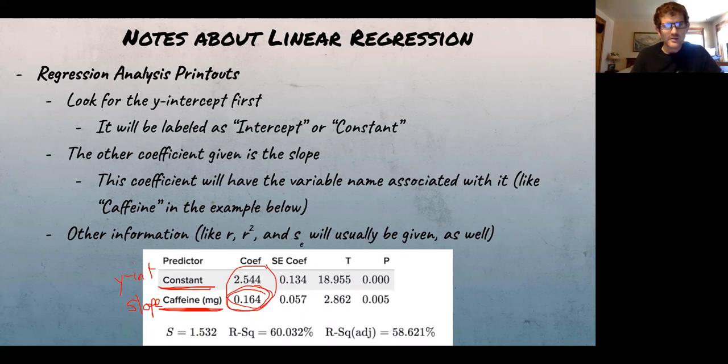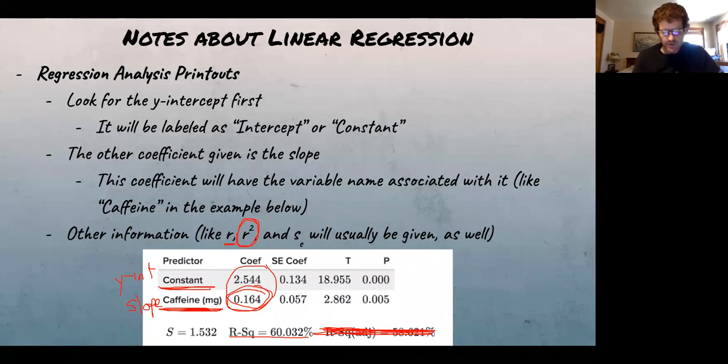Now, the other stuff in these printouts that can be useful: you might see R, though a lot of times they don't show that. They are showing R squared, and you can see there are two R squareds here. R squared is the one we want to use. R squared adjusted, you want to avoid. That's only if you're doing multiple regression, and that is not part of our course at all.